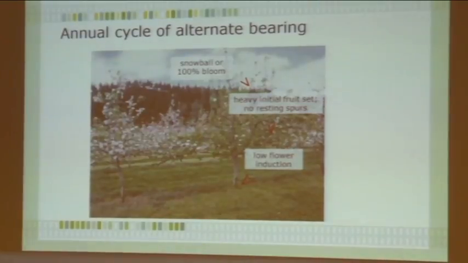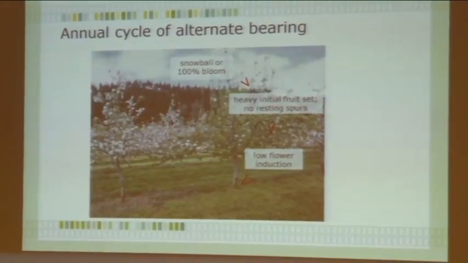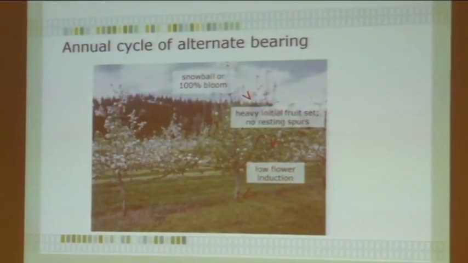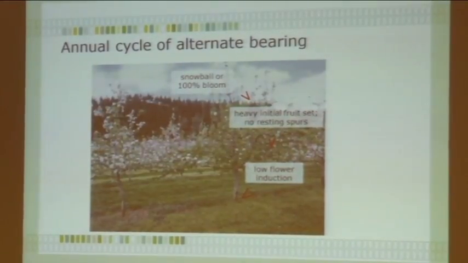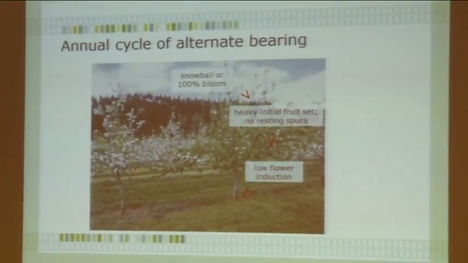Now, I think it is important to very briefly define biennial or alternate bearing. Biennial bearing is the annual cyclical change in cropping behavior characterized by an on and off year with heavy and light fruit loads, respectively.